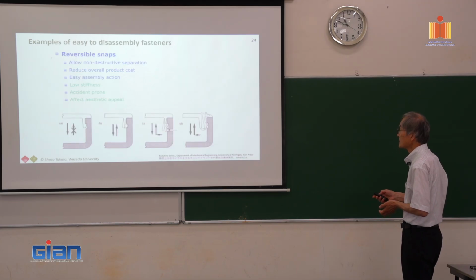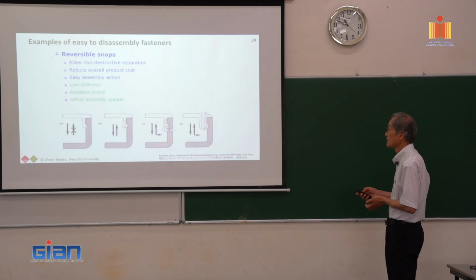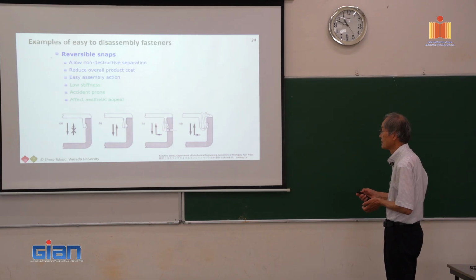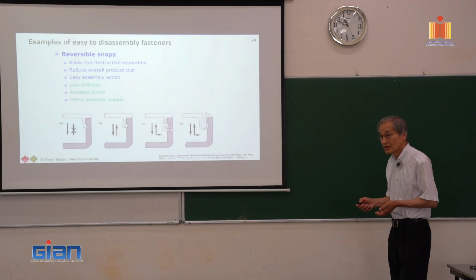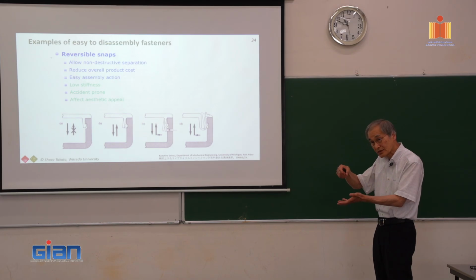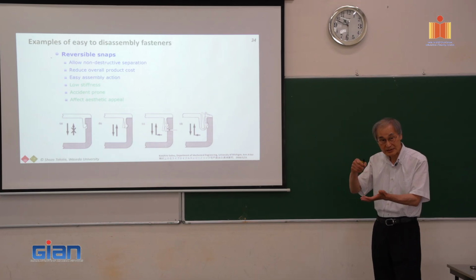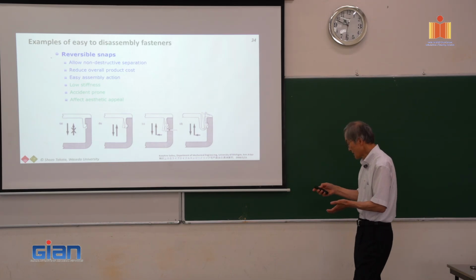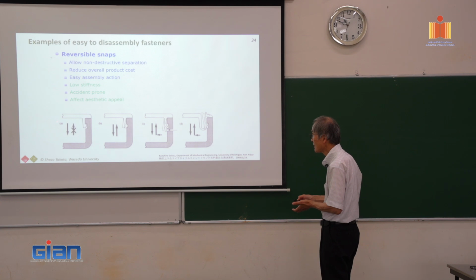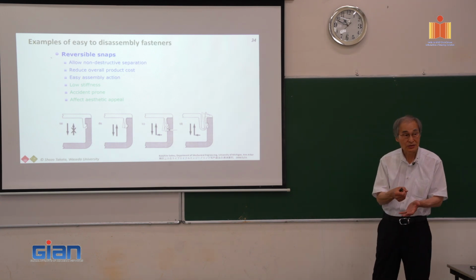Okay, and this is an example of easy to disassemble fasteners. So snap fit is quite easy to assemble, but if you design like this one, it is not easy to disassemble.